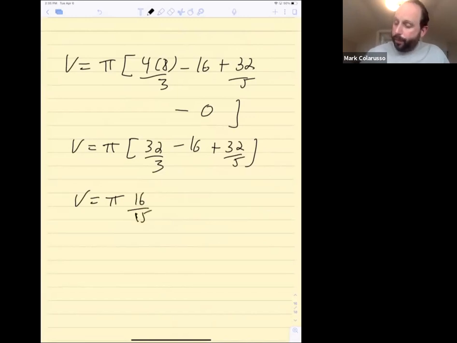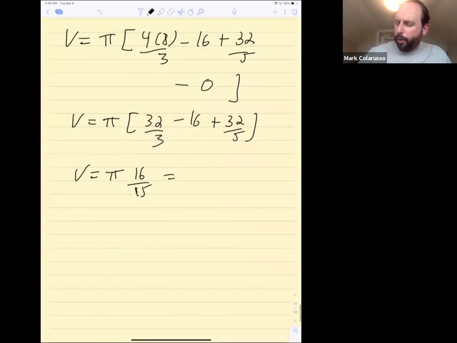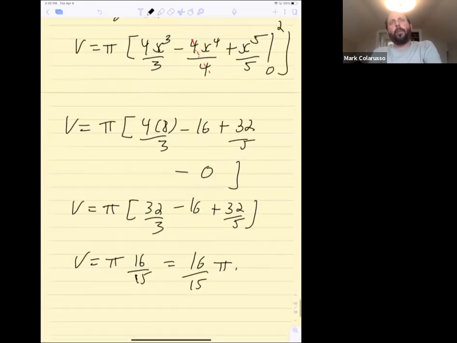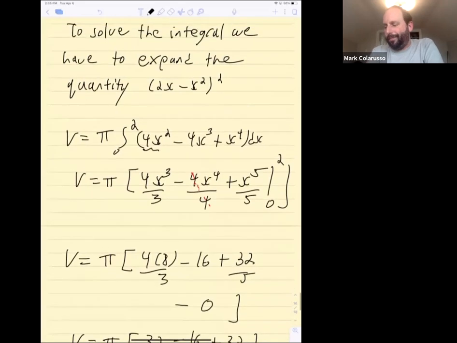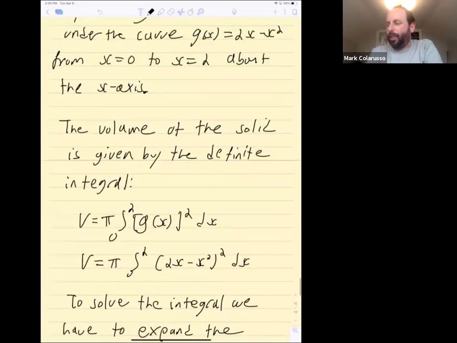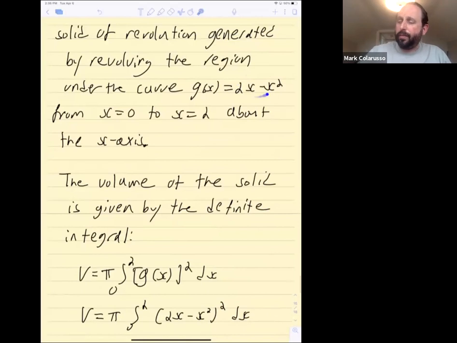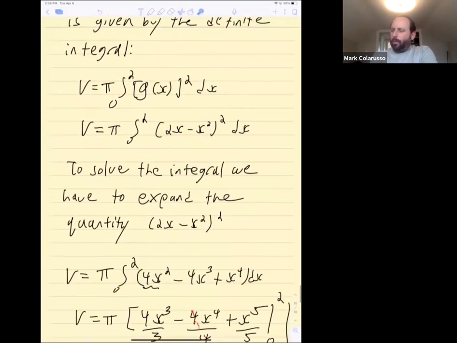So the volume, and usually you want to write the pi on the other side, is 16 over 15 pi. So that's the volume we end up with for this weird shape, basically rotating this funny parabola about the x-axis. Like I said, it's not a shape you would think about, but it's the kind of question you might see on the homework.